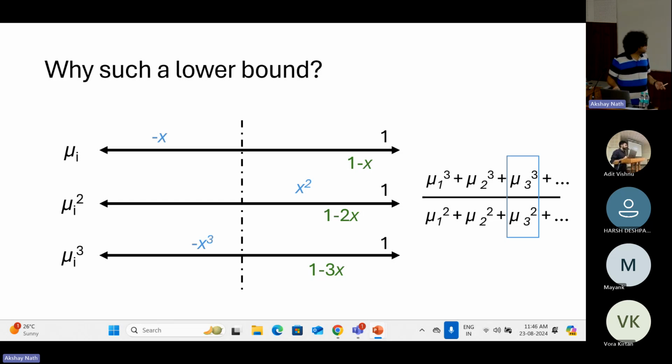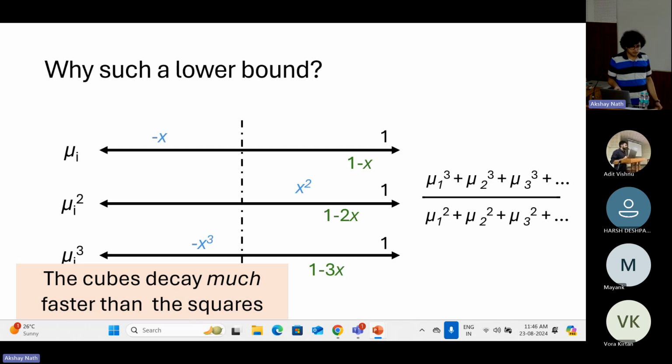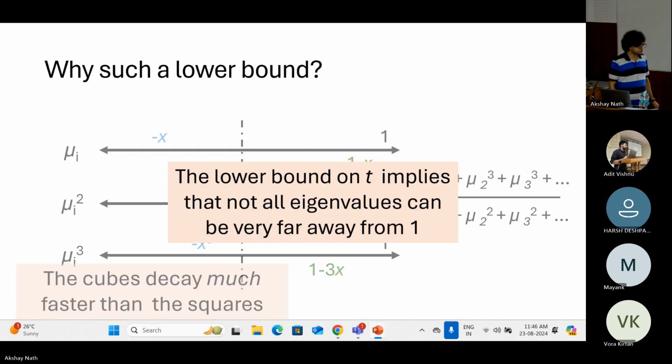Which is why, intuitively, because the cubes decay much faster than the squares, we think of this condition as essentially saying that these are eigenvalues which are large. It's not a very rigorous analysis, but I'm hoping the intuition goes through. Does that make sense? Okay.